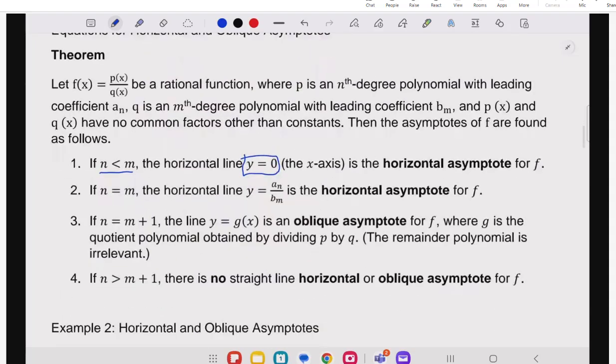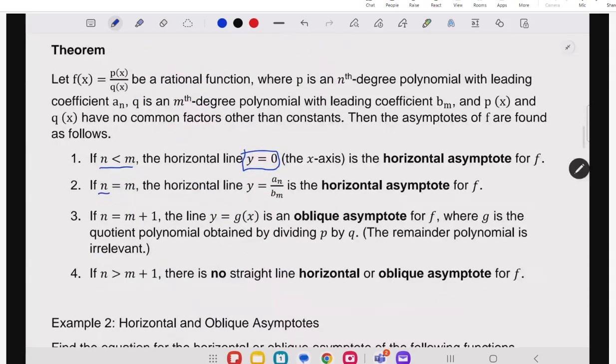Alright, number 2, if the degrees are equal to each other, the horizontal line y equals a sub n over b sub m is the horizontal asymptote. So whenever the degrees are the same, we take the leading coefficients and put the top one over the bottom one and reduce, and that gives us our horizontal line equation.